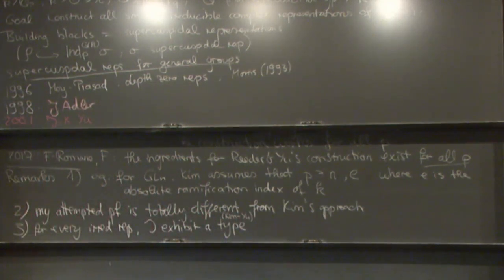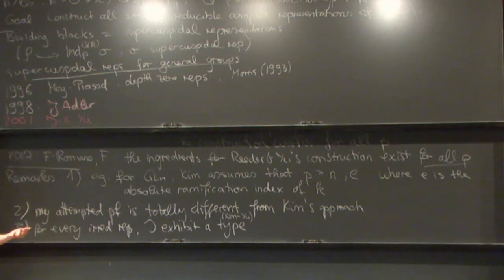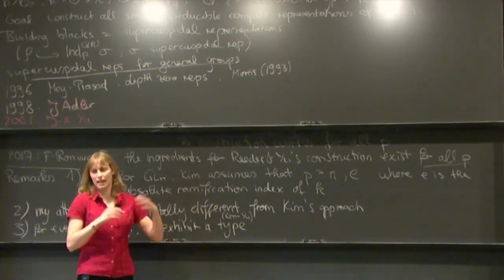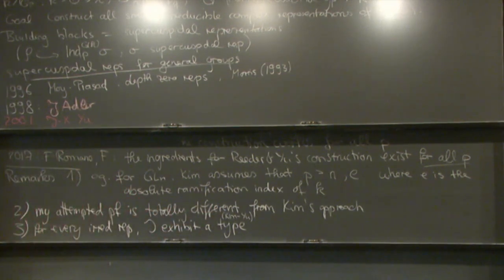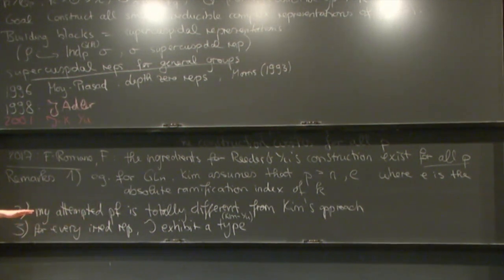So JKU wrote down all these supercuspidal representations by starting from a datum, getting a representation of a compact open subgroup roughly, and inducing it. And Julie Kim and JKU together observed that actually from this you can get types in a much more general setting. So what do I mean by exhibit a type? What is a type?